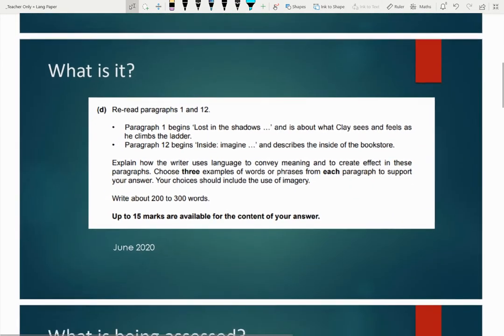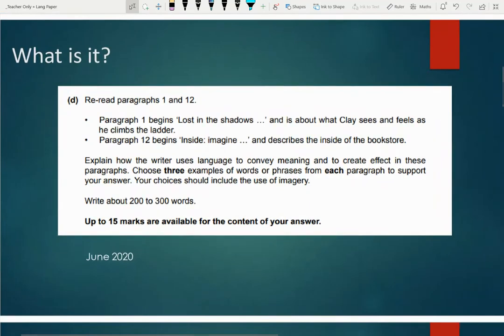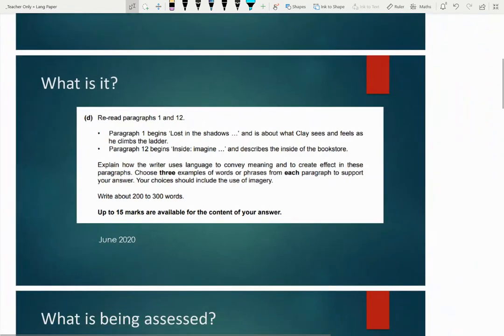Right, so first of all, let's just remind ourselves what question 2d actually is. It's the question where you are asked to reread two paragraphs from text C, I think it is, and from each paragraph, you are asked to select three examples of words or phrases, and explain basically how the writer uses those words and those phrases to convey meaning, create effect.